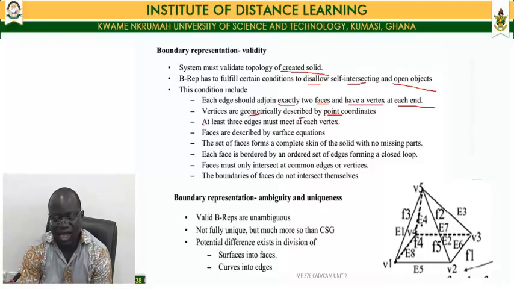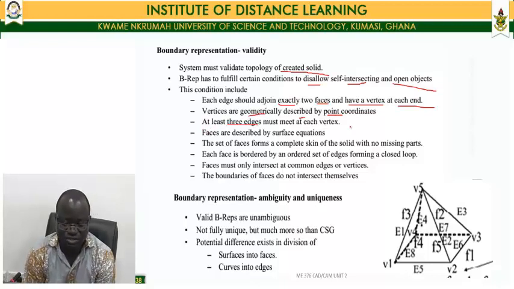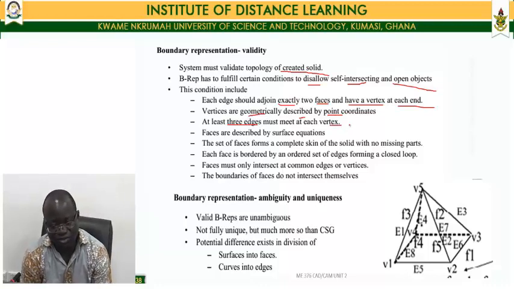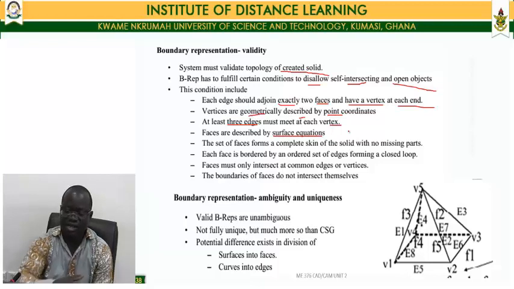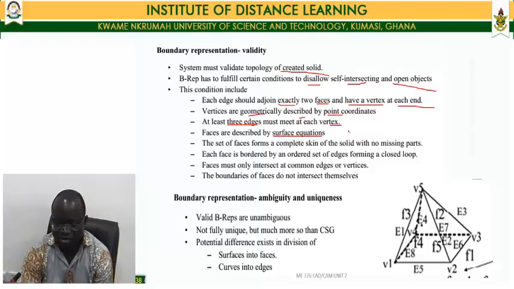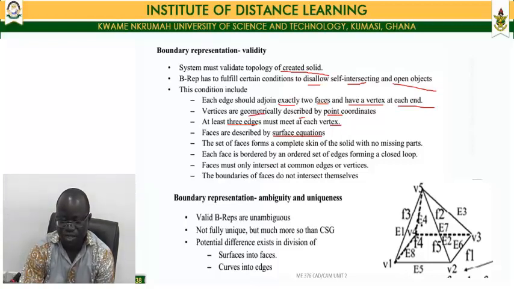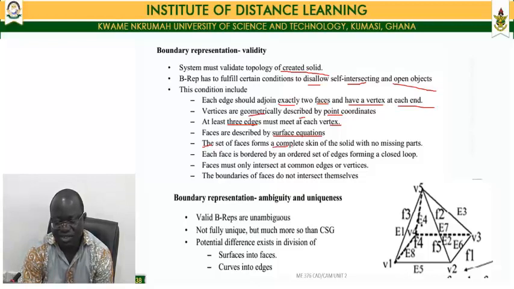Now, faces are described by surface equations. So every face can be described by an equation that generates the surface. The set of faces on any solid forms a complete shell around the solid with no missing parts. Each face is bounded by an ordered set of edges.